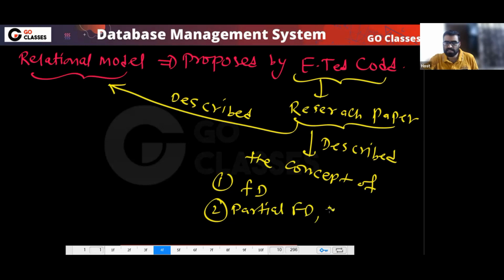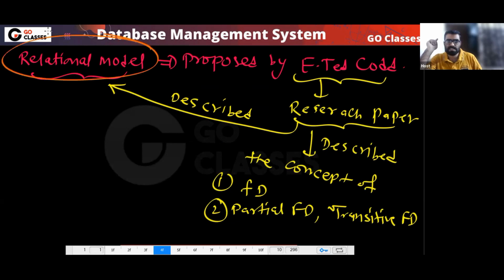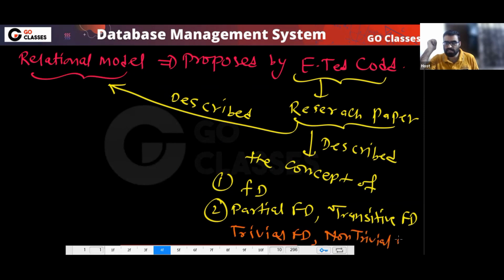These concepts are given by Codd. The relational model is given by Codd, and the concept of functional dependency is given by Codd. Partial, transitive, trivial and non-trivial functional dependency, all these concepts we will see, don't worry. They are also given by Codd.